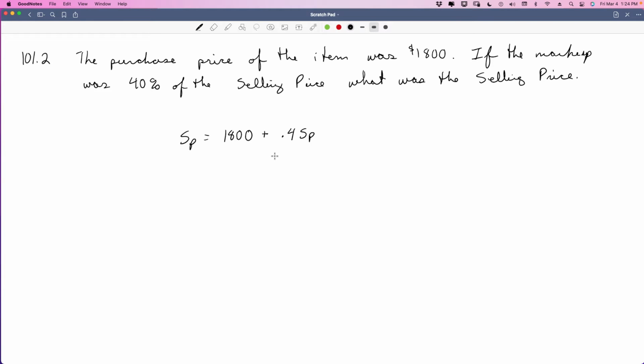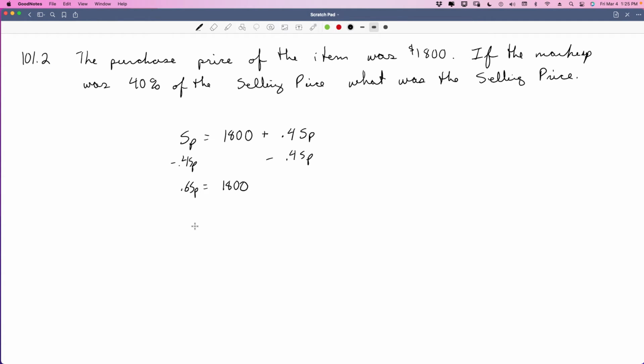So let's subtract 0.4 from each side. We get that 0.6 of the selling price was equal to $1,800.